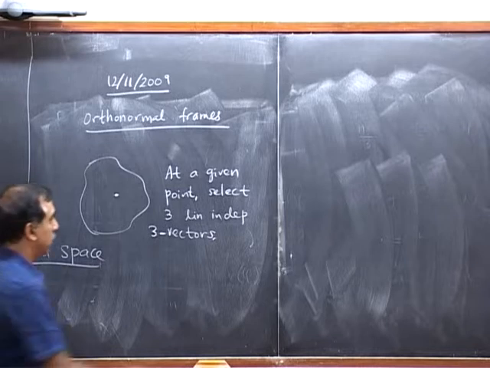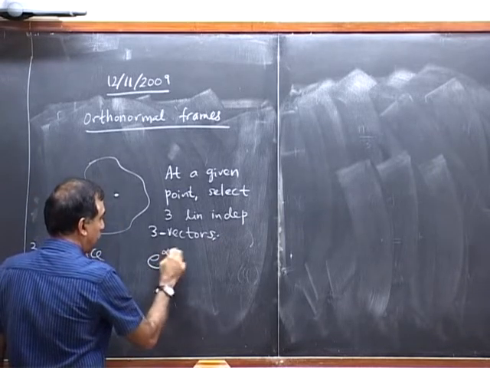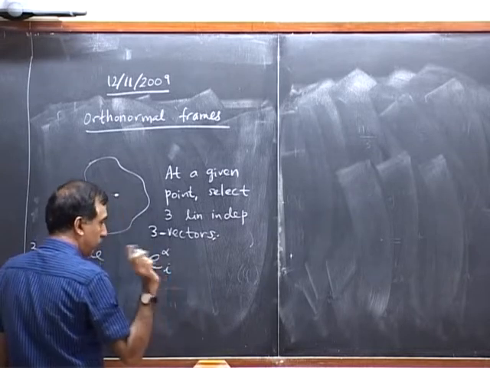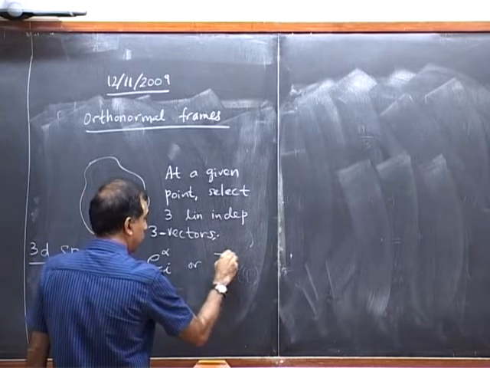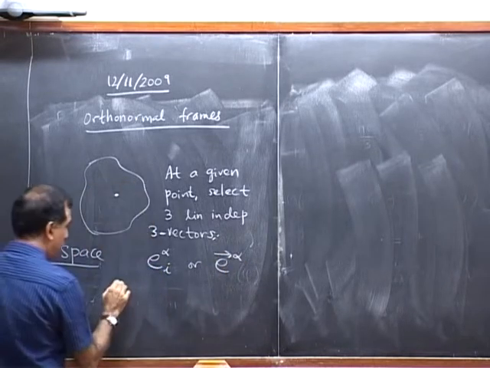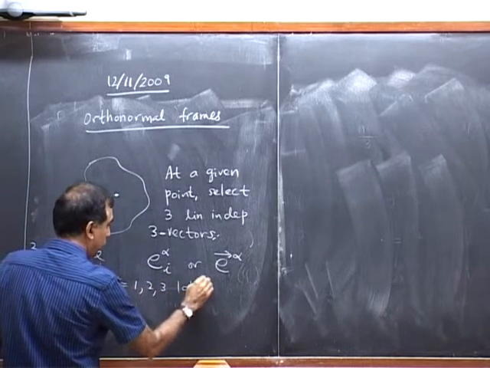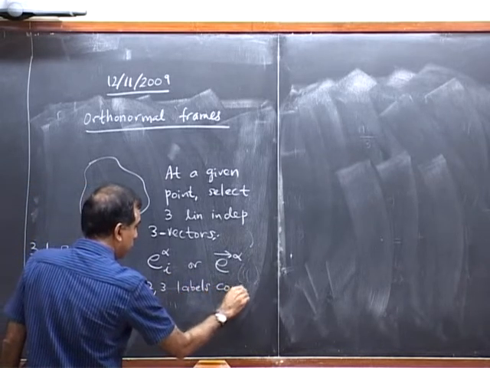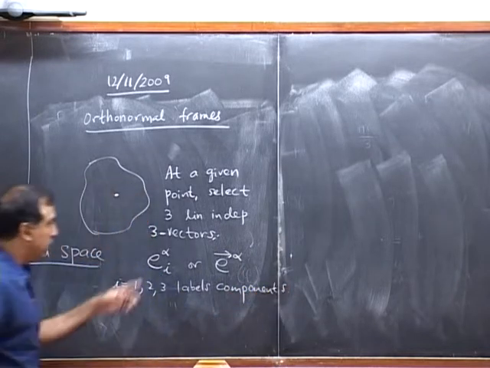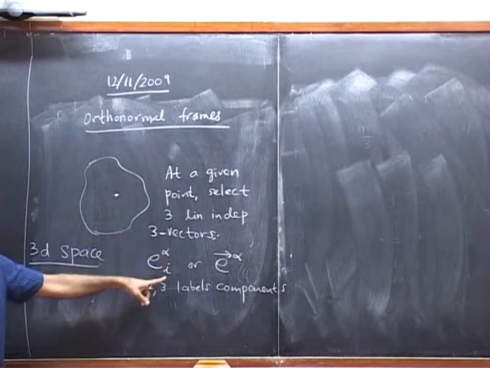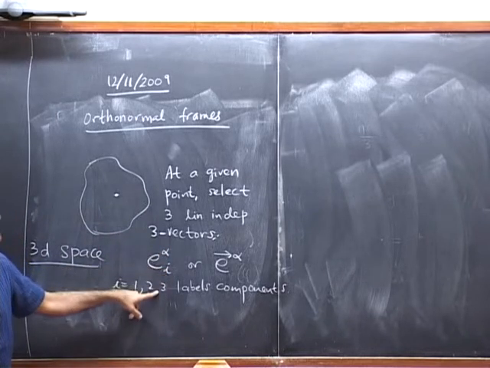Select 3 linearly independent 3 vectors and let's label them e_i^alpha, or e vector alpha. I'll answer your question in a second. i equals 1, 2, 3 labels components. That means the vector e alpha for a fixed alpha has components e alpha 1, e alpha 2, e alpha 3.